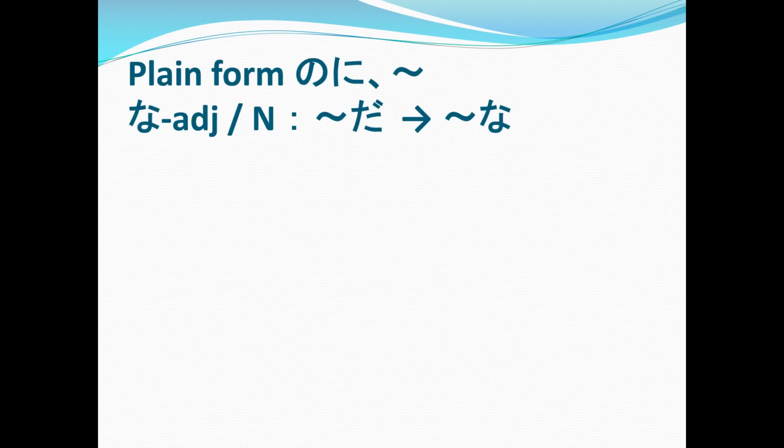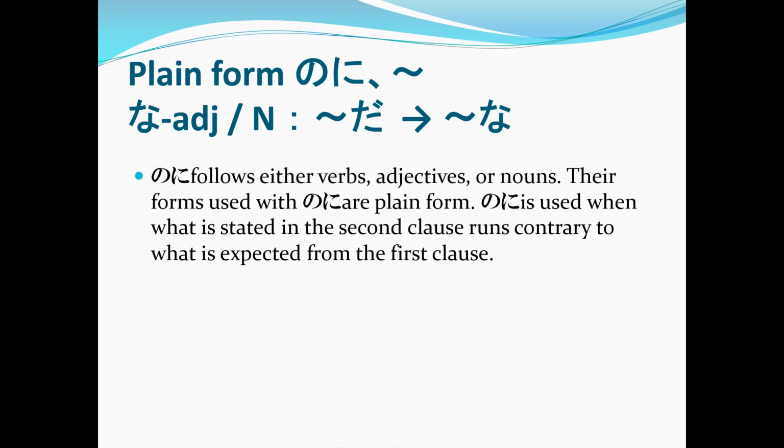Again, noni. So it's plain form noni, another sentence, and if it's a na adjective or a noun, you use na, or change the da into na. So what is the use of noni? Noni follows either verbs, adjectives, or nouns. The forms used with noni are plain form.